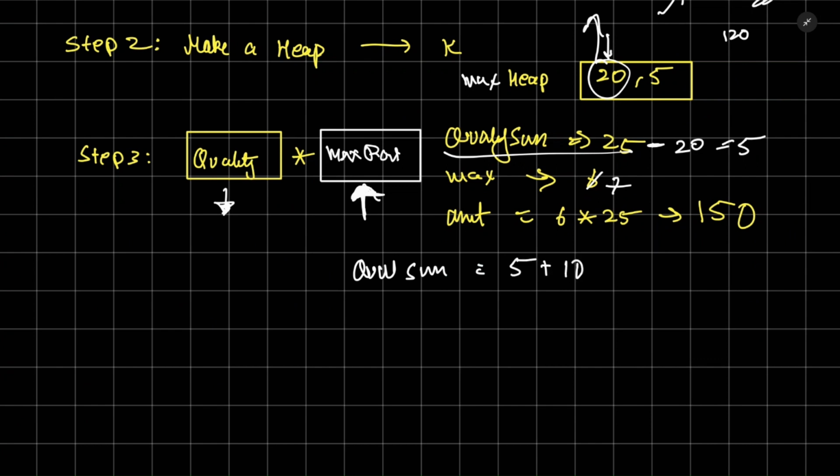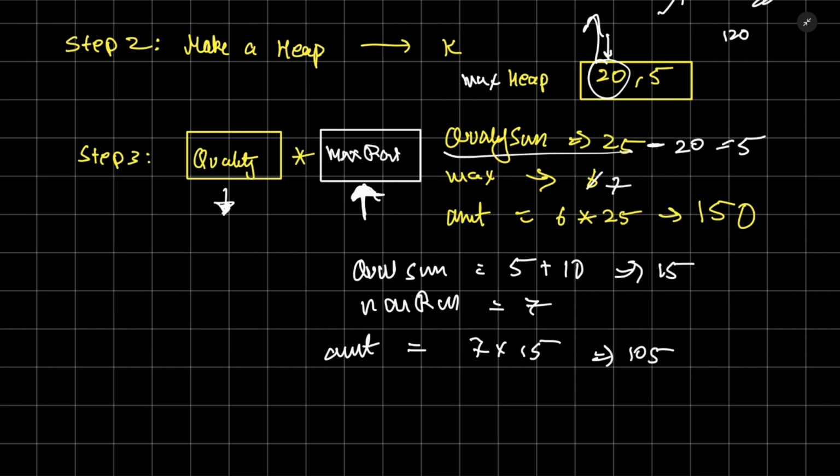That's the quality of the current worker that we are including. So this will be 15. So our total quality sum will be 15 now, and our max ratio would now be 7. And if you multiply them, because this is finally going to be our amount, the amount would be 7 multiplied by 15, and that would be 105. And that is the minimum answer.